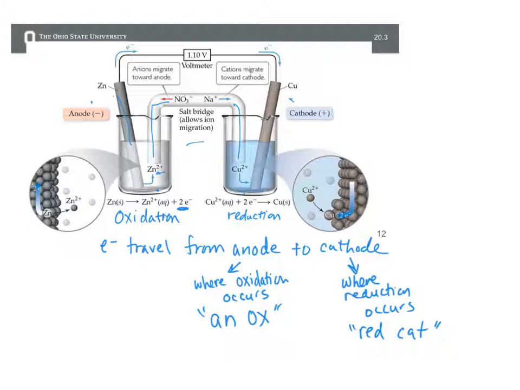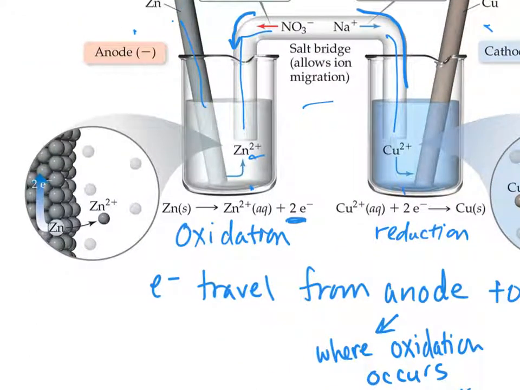Okay, so our electrons go away from the anode to the cathode. In our salt bridge, we're going to see that the cations are going to migrate towards the cathode to balance out the negative charge. And then on the anode side, anions are going to migrate towards the anode. The other thing that's kind of neat is that there is actual chemistry taking place on the surface of these metals. That is the actual process that we're drawing here.